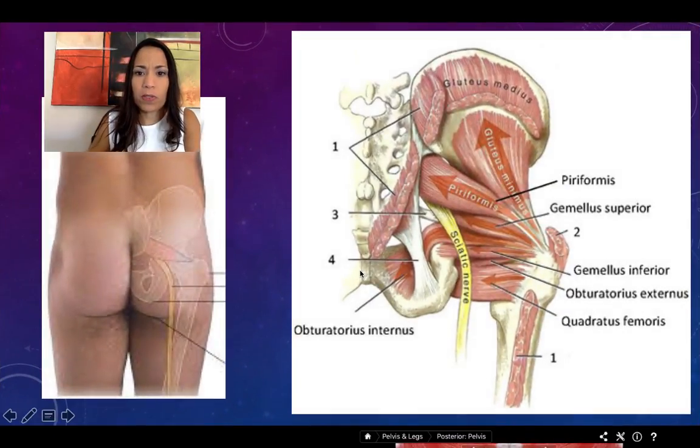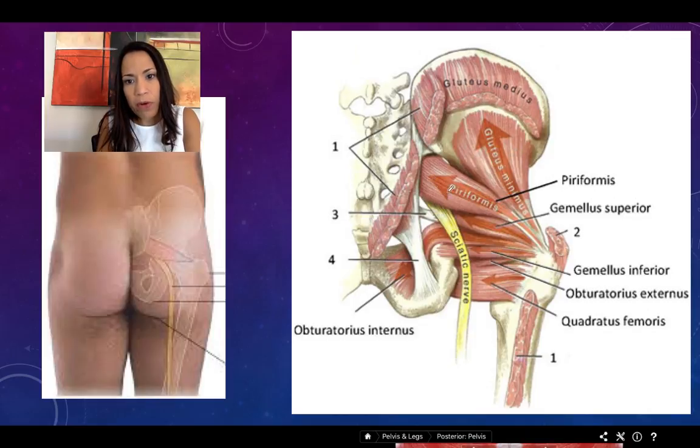So in here you can see the muscles: gluteus medius and minimus, then piriformis, gemellus superior, obturator internus, this is the gemellus inferior, obturator externus in here, and quadratus femoris. And look at the relationship of the sciatic nerve.